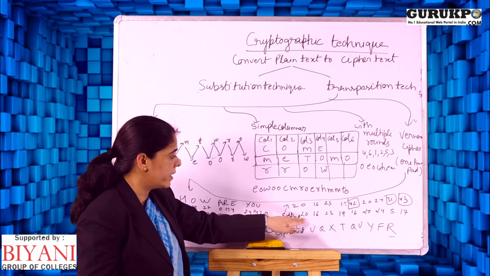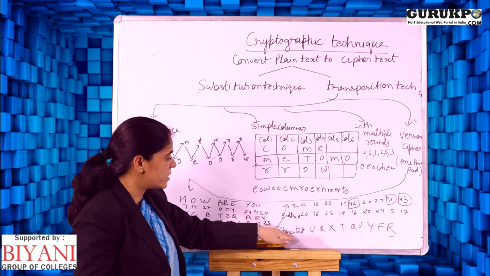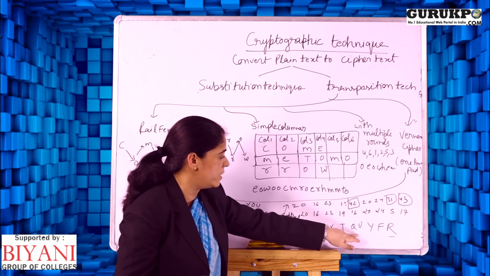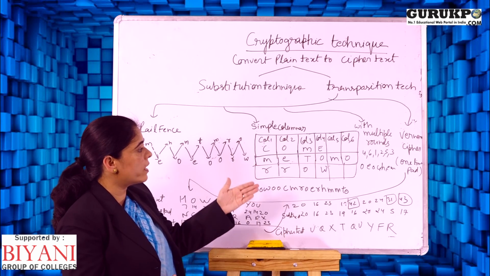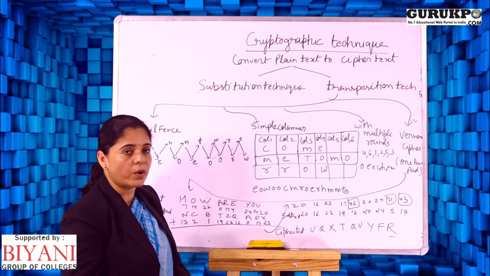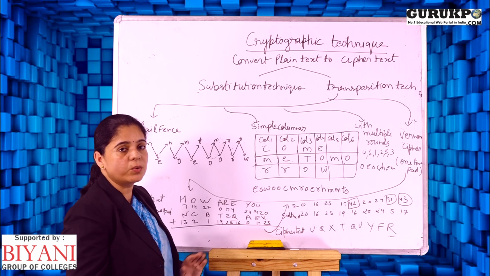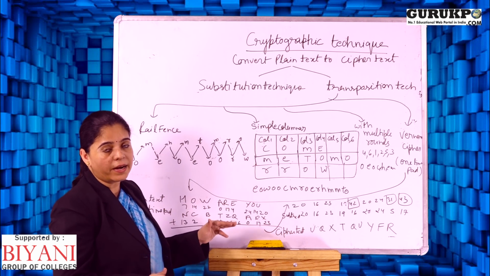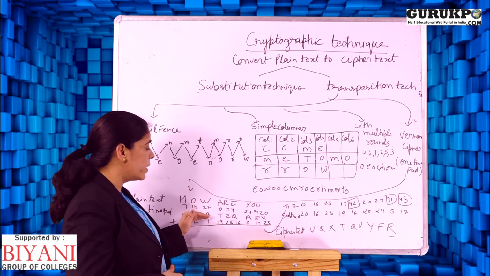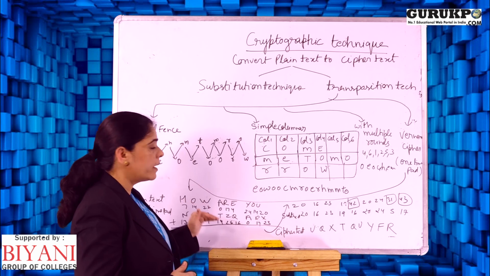Now we convert these numbers into alphabets, so the ciphertext will be U, Q, X, T, Q, V, Y, F. This is the strongest technique: the one-time pad is the strongest transposition technique for converting plain text into ciphertext, because we use a one-time pad that only the sender knows about, and after using it we discard it.